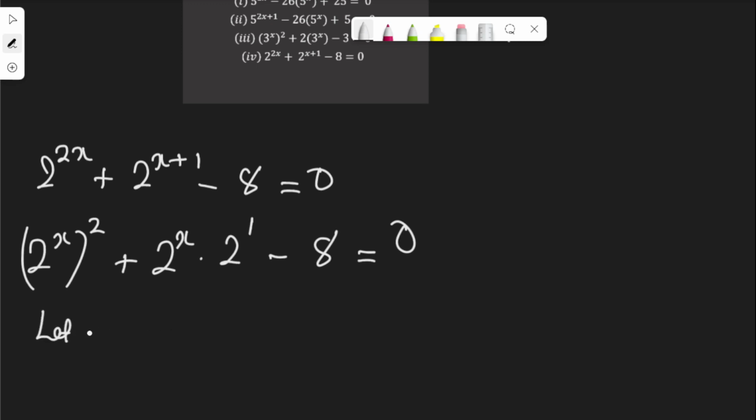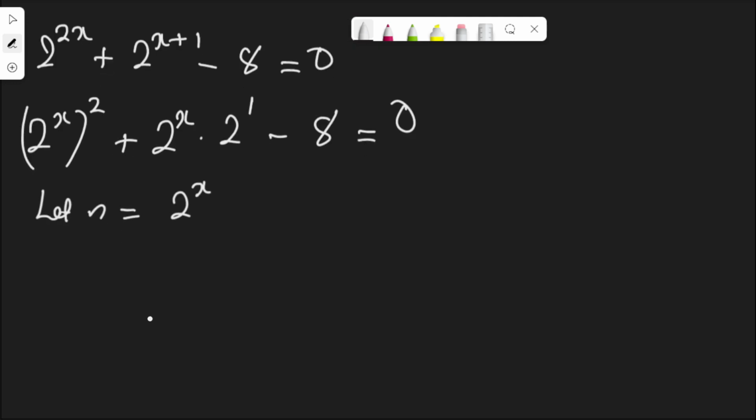Let n be equal to 2 to the power of x. If n is equal to 2 to the power of x, that means here will be n squared plus n multiplied by this 2 is 2n, minus 8 equal to 0.